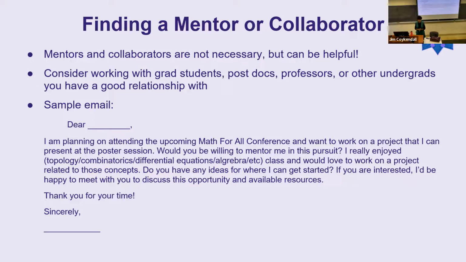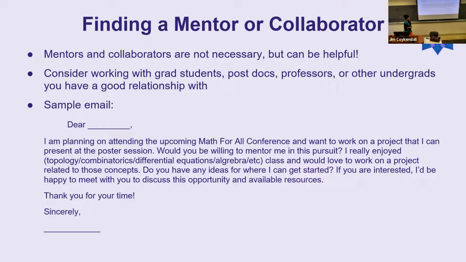So along with finding a topic, you want to find a mentor. It's best to have at least someone helping you along this process of formulating a research problem or a research project, because a mentor will have a good way to structure or outline your experience.